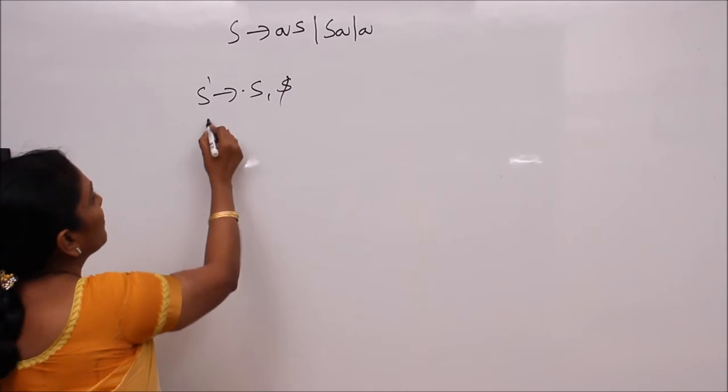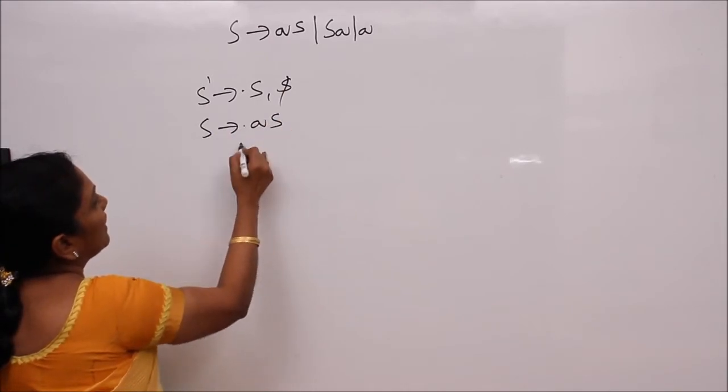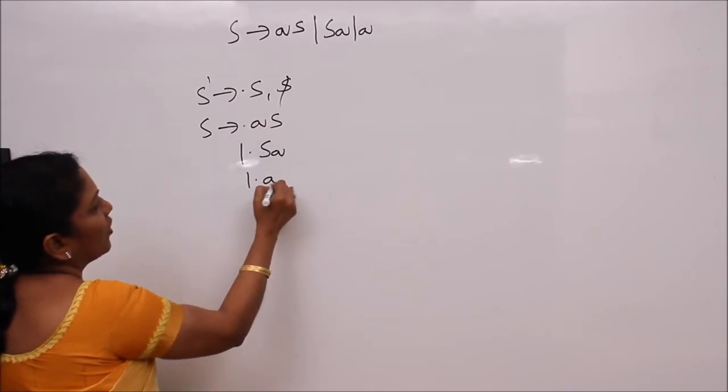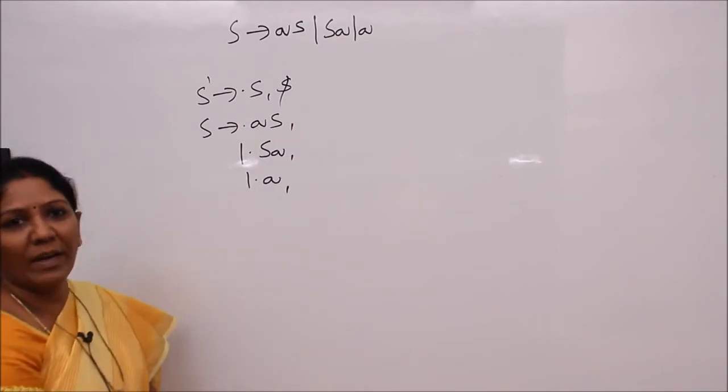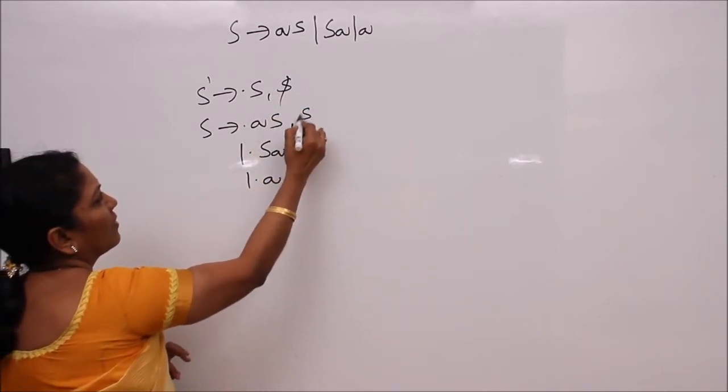Now because of S, add the rules for S: S to AS, S to SA, S to A with the dot at the start, where the look ahead is given by first of dollar.